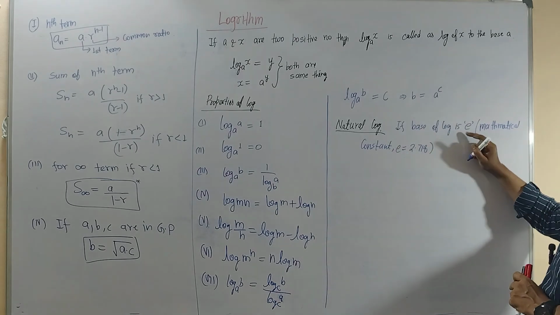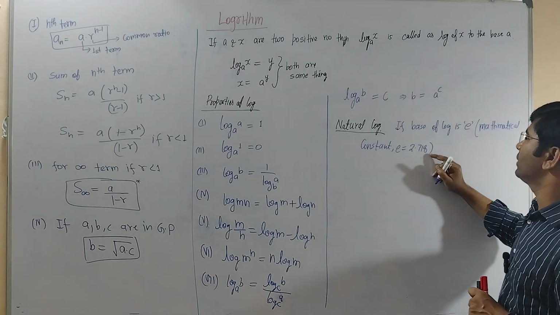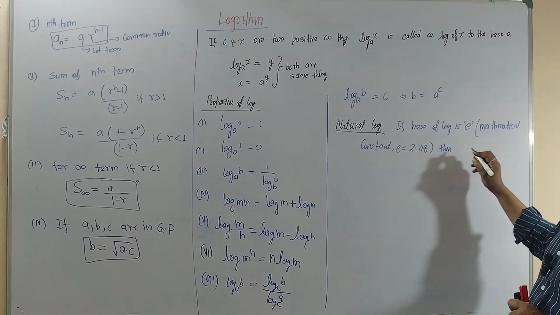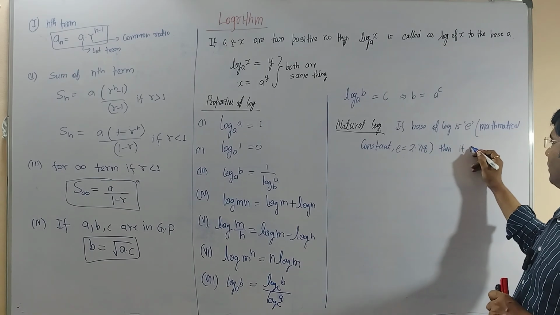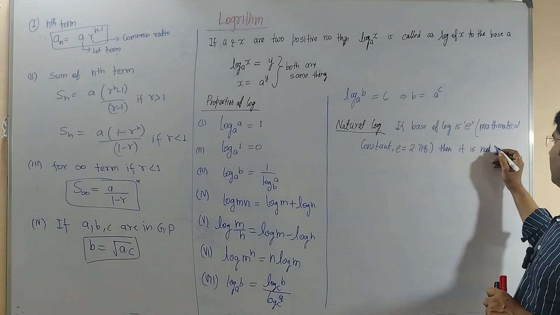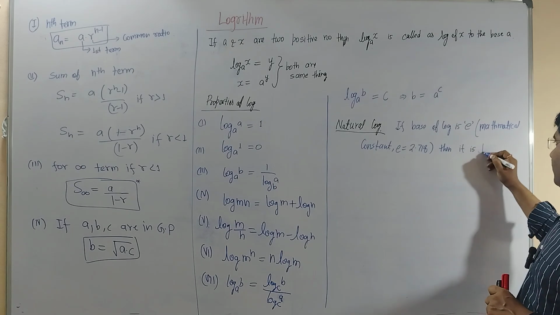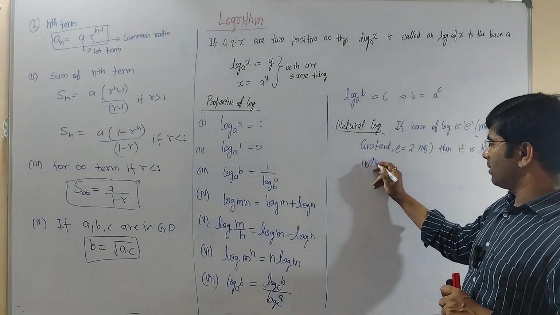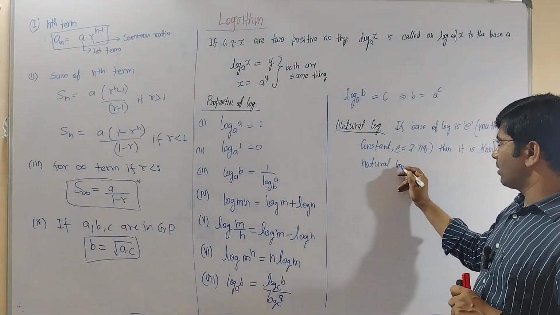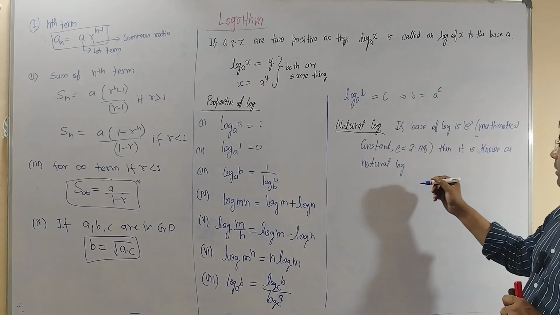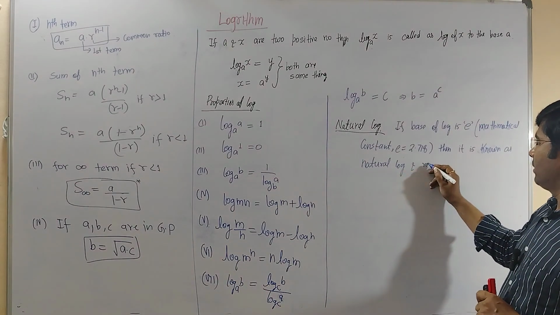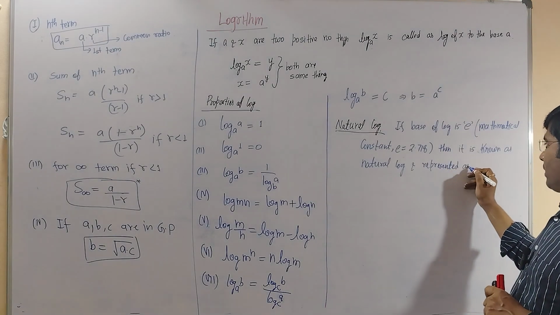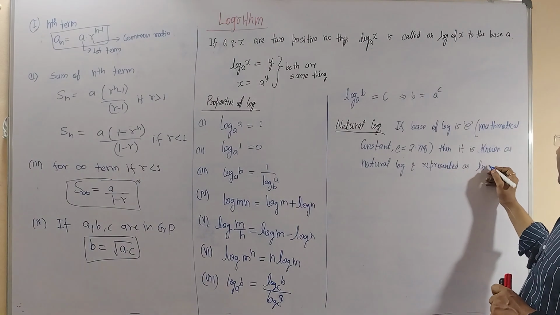If the base of log is e, which is a mathematical constant, then it is known as natural log. And this is represented as ln x.